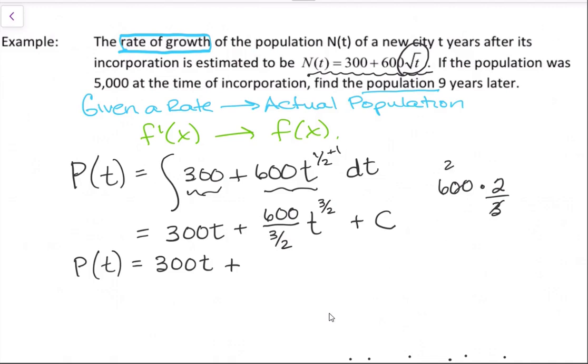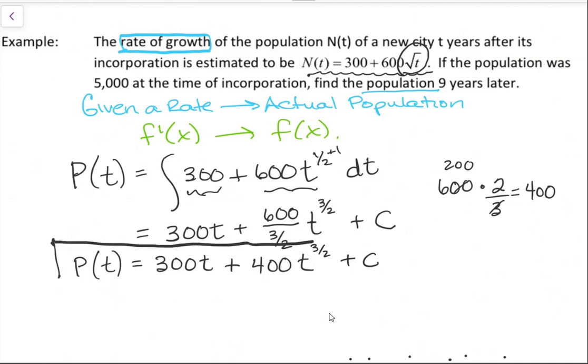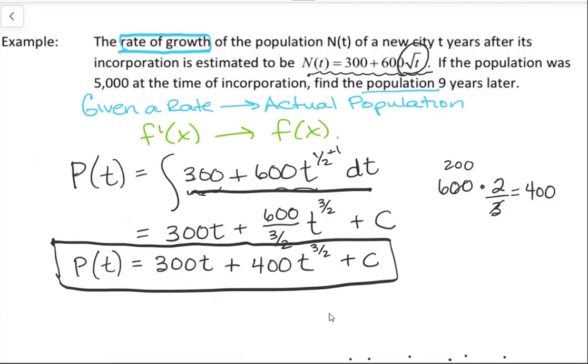So if we divide that 3 out and multiply by 2, we get a coefficient of 400, t to the 3/2 plus c. So here is the function whose derivative is this. We're going to use this population function to answer that question about what the population is 9 years later.